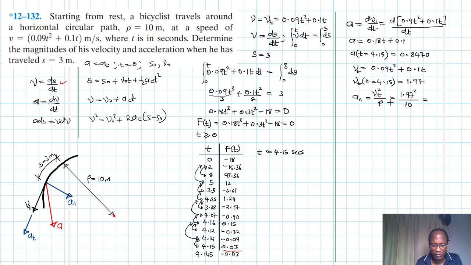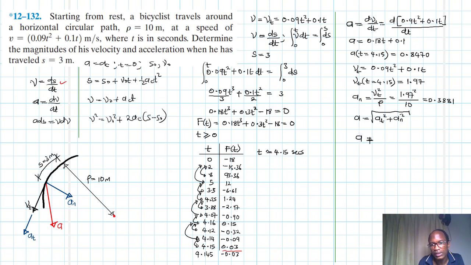So this we get 1.97 squared divided by 10, so we have 0.3881, and therefore the magnitude is just equal to the square root of a_t squared plus a_n squared.